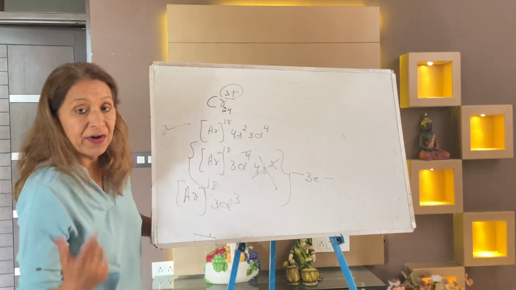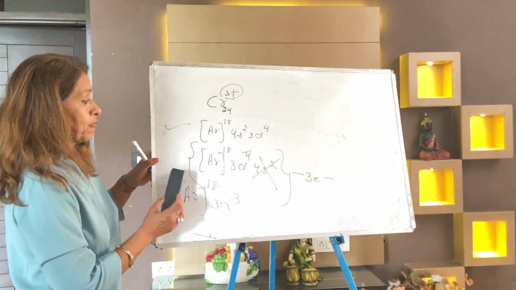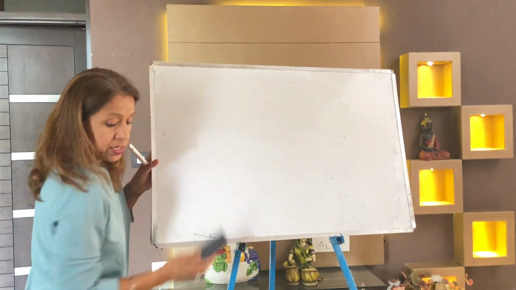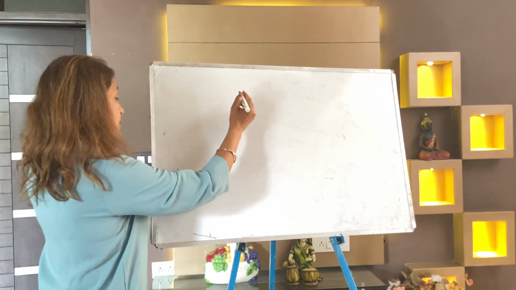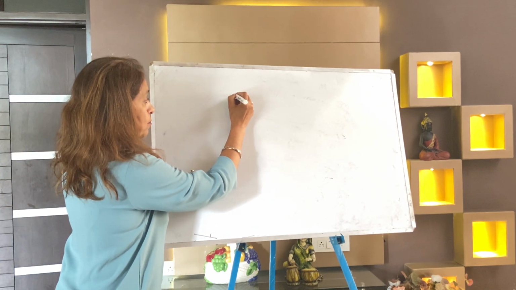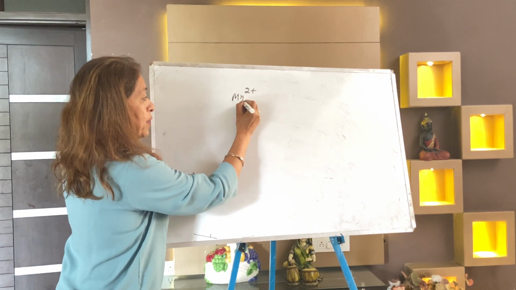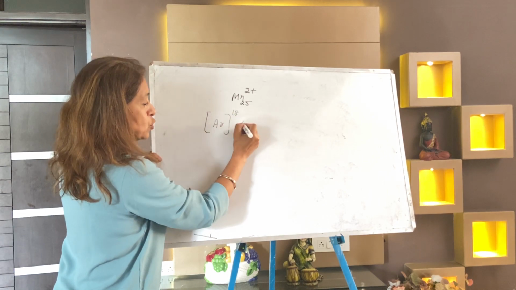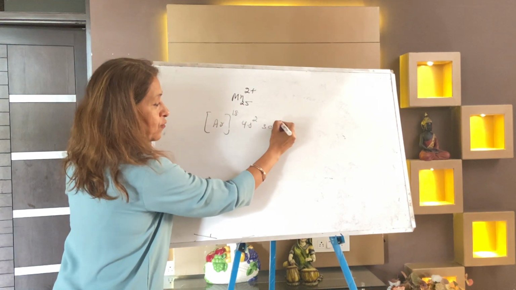I am going to take one or two more. Second is manganese 2 plus, number 25: argon 18, 4s2, 3d5.